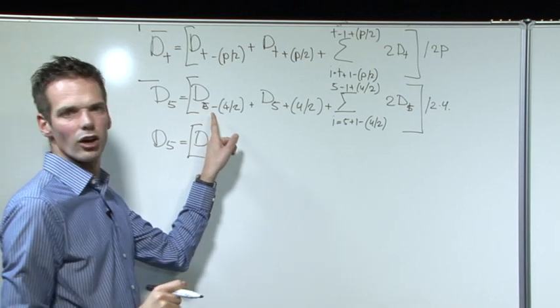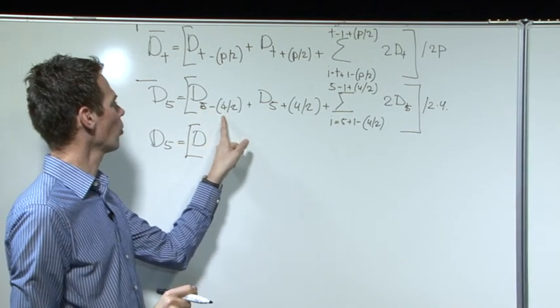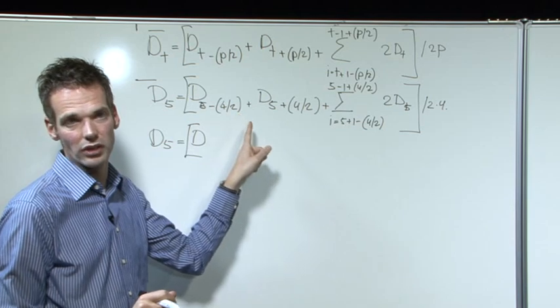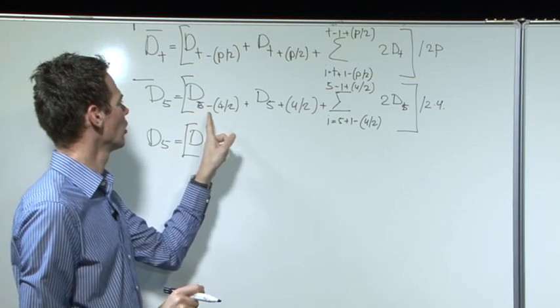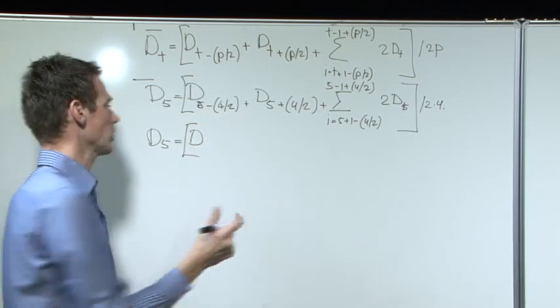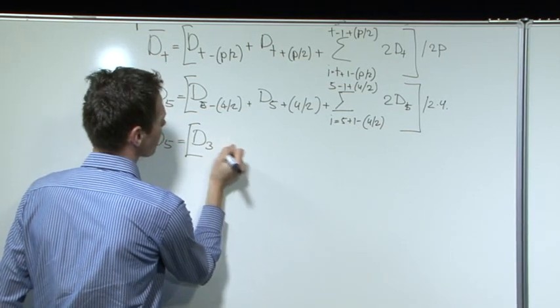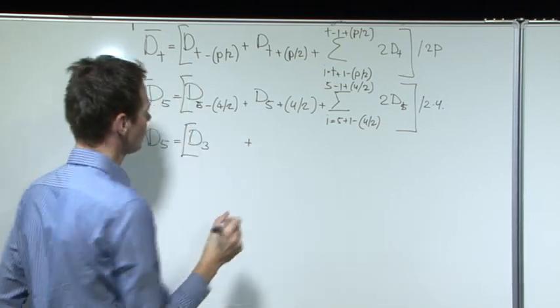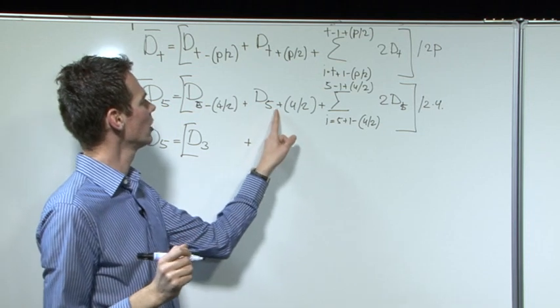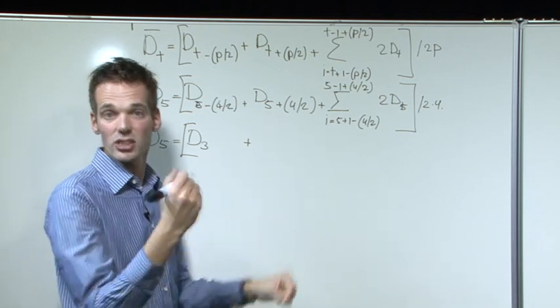d5 minus 4 divided by 2, so 2. So that is d minus 2 is 3. Plus d5 plus 2, so that is d7.